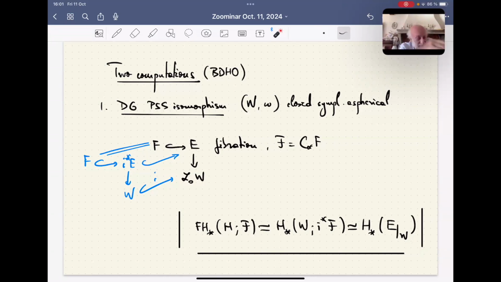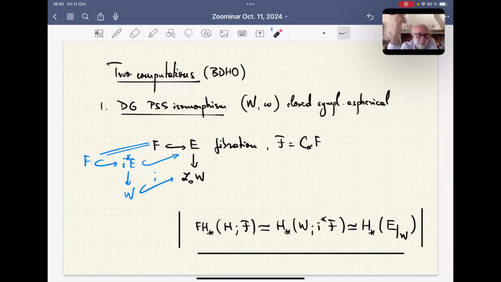So that's one. Note that, of course, the PSS isomorphism we can write in full generality, say, for a monotone symplectic manifold. I do not really know, and we do not know, how this construction goes on when we have holomorphic spheres.